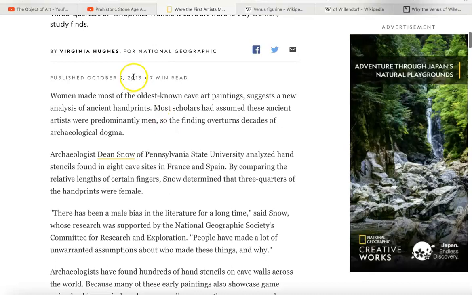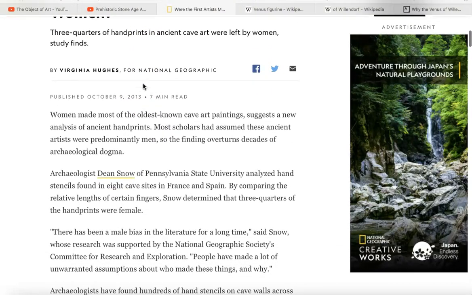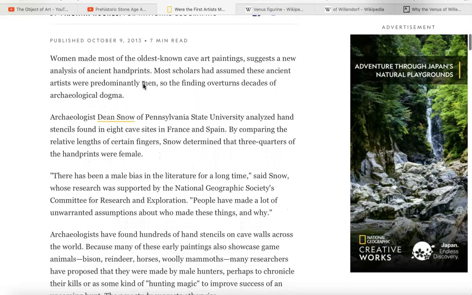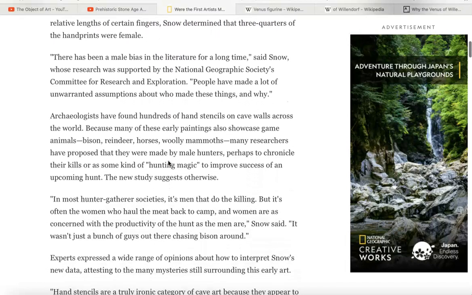Okay, again, this is written in 2013 for National Geographic magazine. Archaeologist Dean Snow of Pennsylvania State University analyzed hand stencils found in 8 cave sites in France and Spain. By comparing the relative lengths of certain fingers, that's how they determine whether the hands belong to a man or a woman. Snow determined that three-quarters of the handprints were female. 75%.